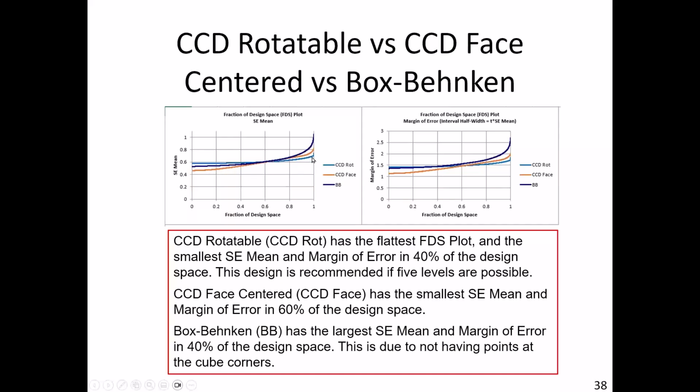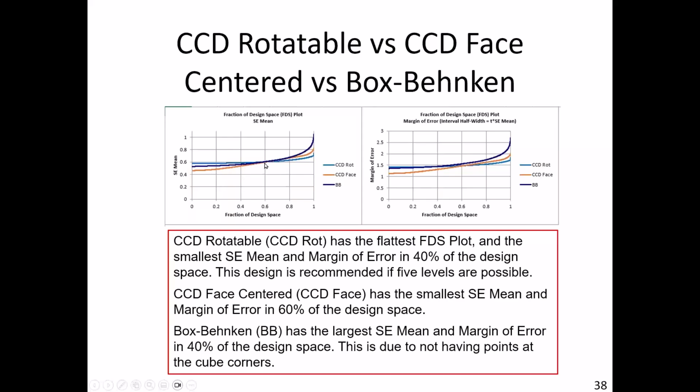And that's one of the reasons why it's highly desirable to use a rotatable design, but that assumes you can afford the runs, and that assumes that you can do the 5-level design. So, for example, it might be a good compromise to use the central composite face. So that's the orange design.